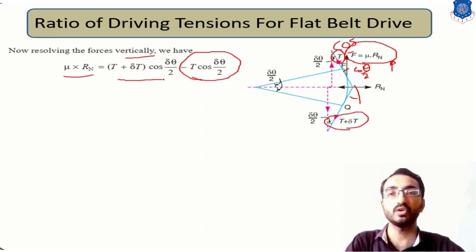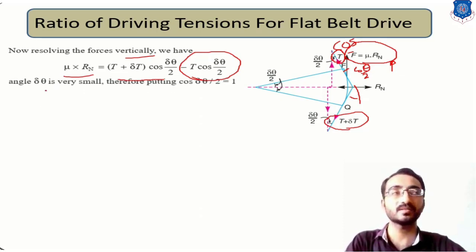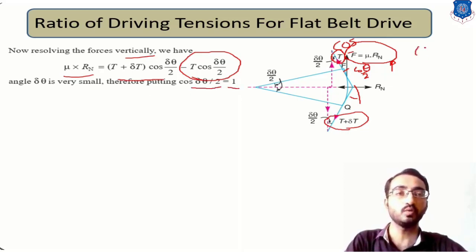Now in this equation we can consider delta theta as a small angle. For a small angle, we can consider cos delta theta by 2 equal to 1, because as we have learned, for a small angle theta, cos theta is equal to 1.